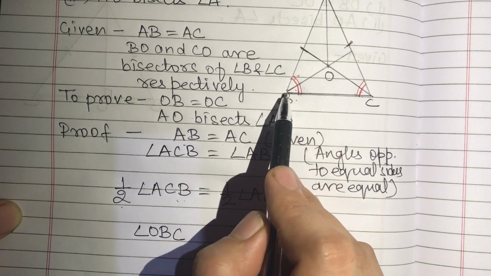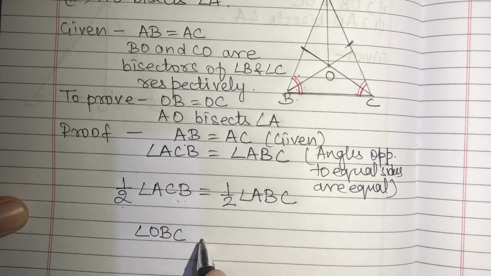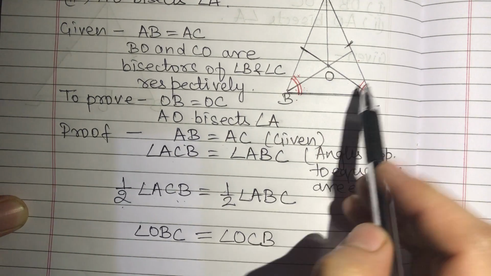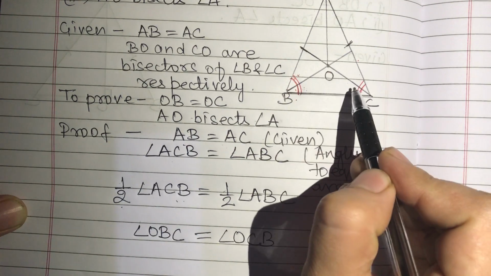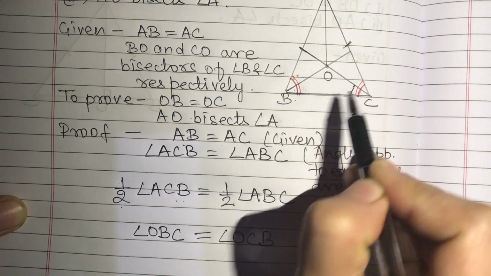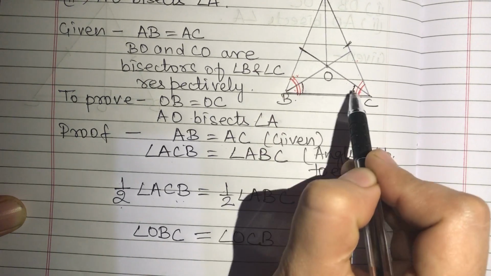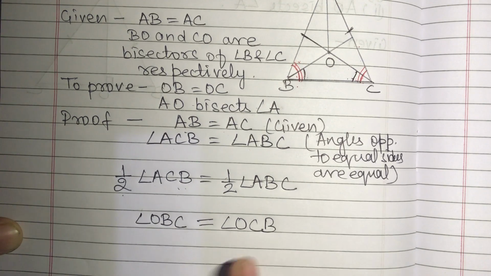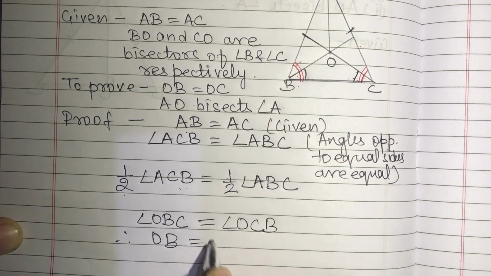So angle OBC equals angle OCB, as OCB is half of angle ACB. This half is equal to this half, and these two angles are equal. Therefore, OB equals OC.